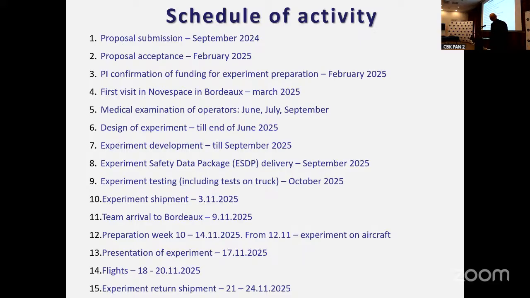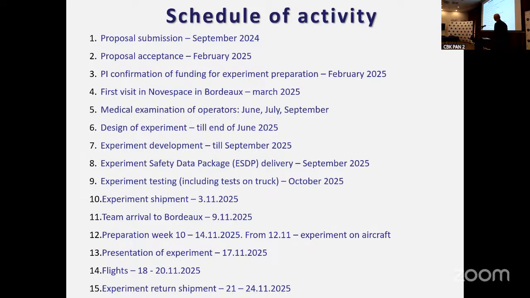Then we design the part of the experiment which was not available at the proposal level, and deliver the documents. These documents are not so extensive as for space conditions, but still there are a few documents with 100 plus pages with a description of the instrument, especially its impact on safety in the airplane.